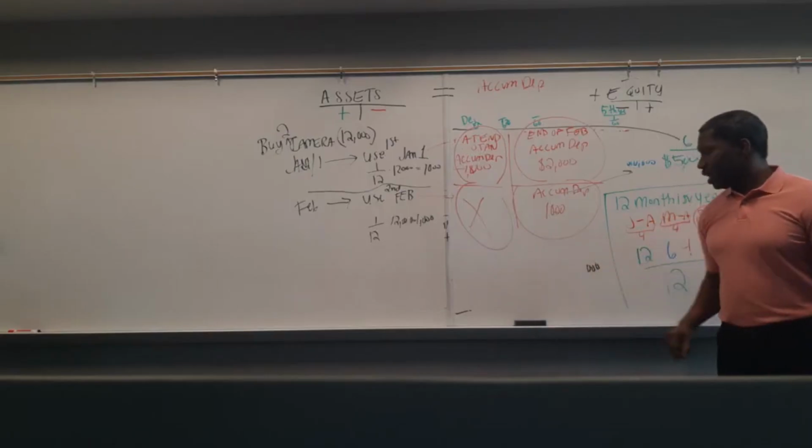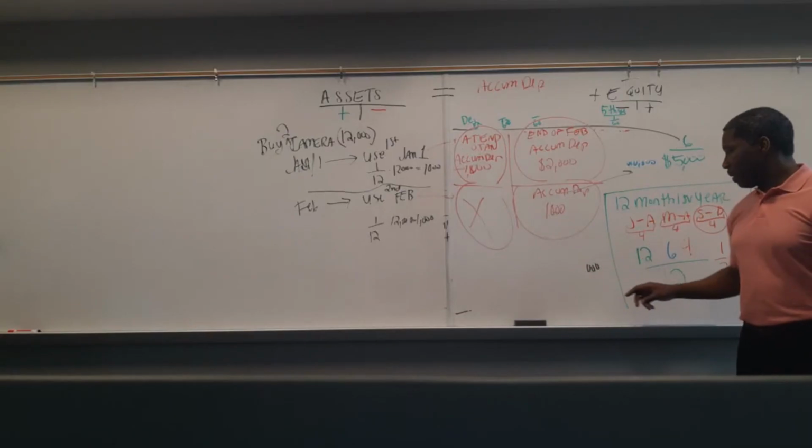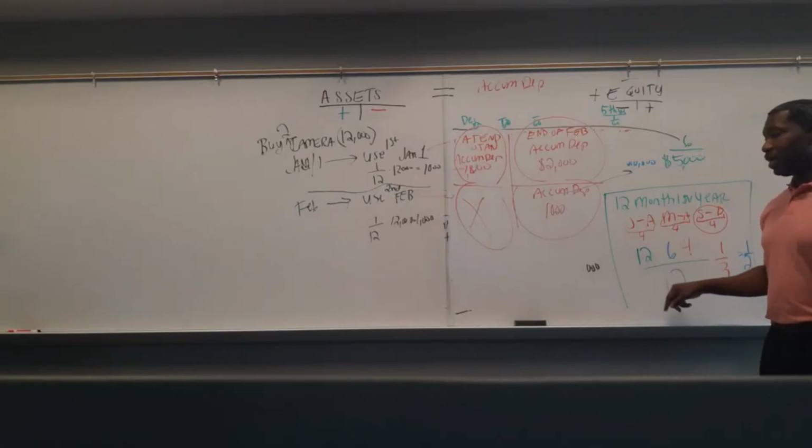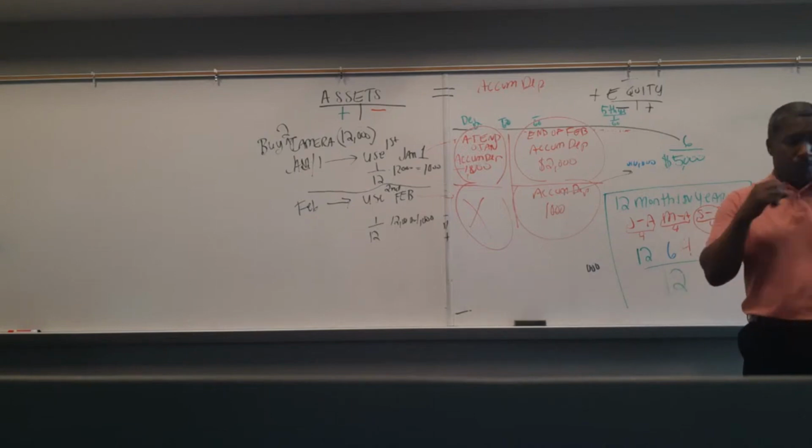If I bought it in January, at the end of January, I only have 1 out of 12. At the end of February, my accumulated depreciation will be 2 out of 12. At the end of March, 3 out of 12, on up to the last month. So 12 is always going to be here because there are only 12 months.